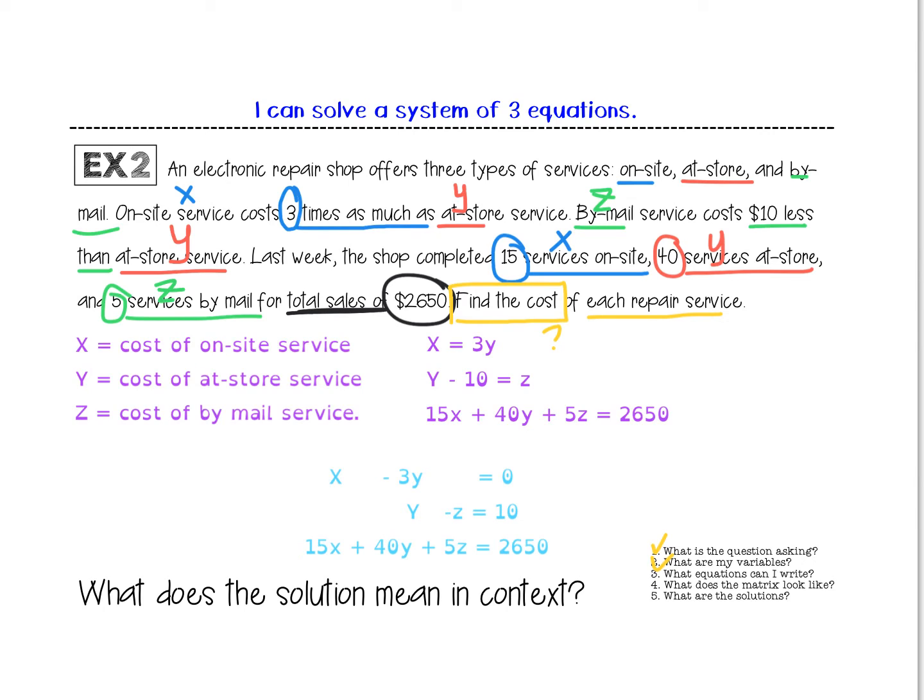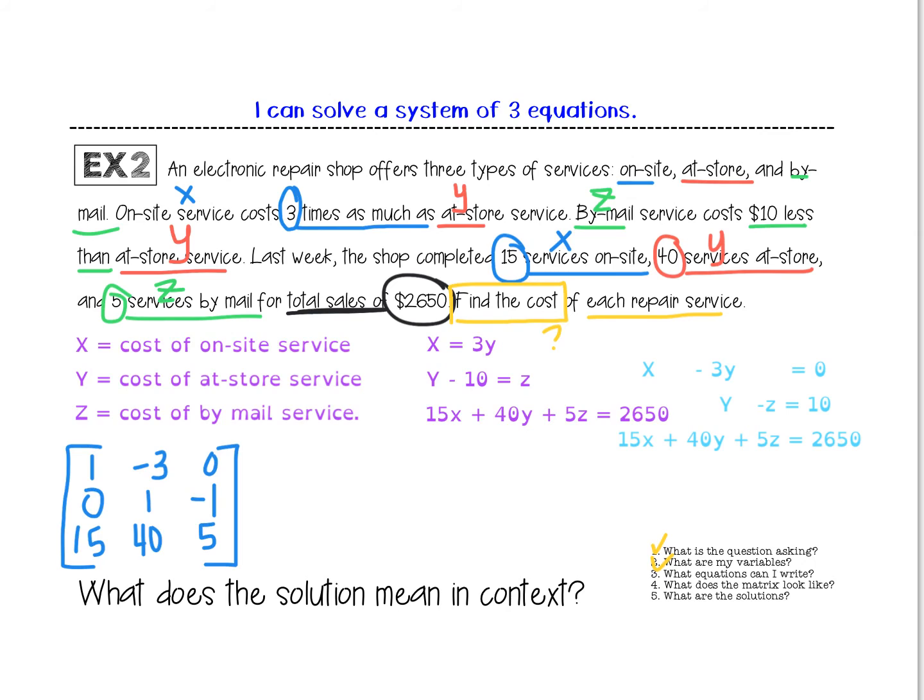So matrix A is going to look like 1, negative 3, 0. The second row is going to be 0, 1, negative 1, and then 15, 40, and 5. Essentially what I'm doing is I have the variables.